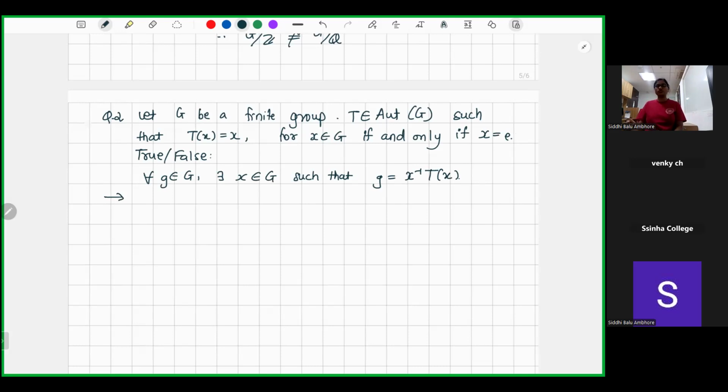So we are given that G is a finite group, T is an automorphism on G such that if Tx is x for some x in G, then that x must be e.